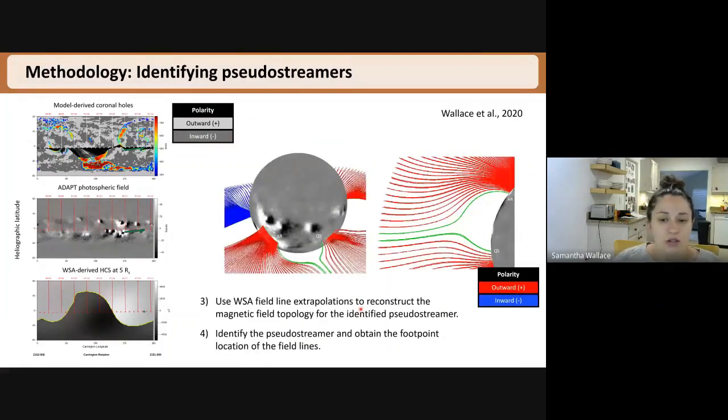Then we use the 3D visualization software to plot the WSA-derived coronal magnetic field for the chosen realization. This helps to confirm that we're actually looking at a pseudostreamer. In these figures, we're only plotting the field lines that connect to STEREO A. You can think of these field lines on the right in color as exactly the same as what you're seeing in black in the 2D plot on the left.